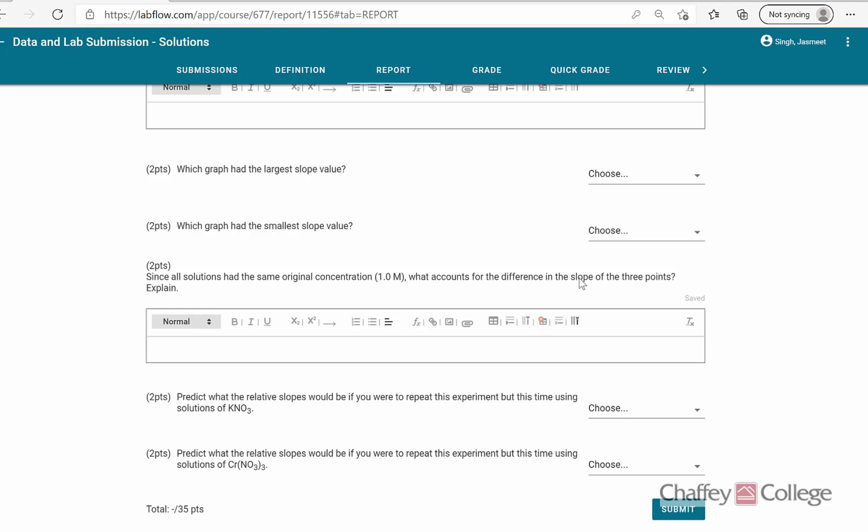And based on that information, you need to predict what will happen if you repeat the same experiment but use potassium nitrate, and compare to which slope this potassium nitrate will match. Similarly you need to predict for chromium nitrate also. And then you hit submit and we are done with this lab.